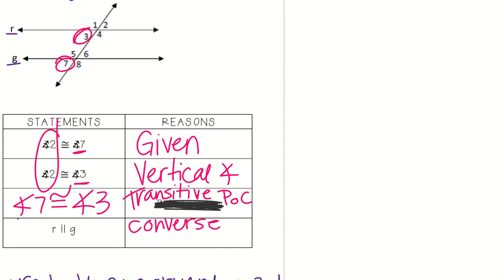So that means it's the converse of the corresponding angle postulate, because the corresponding angle postulate said if two lines are parallel and intersected by a transversal, then corresponding angles are congruent. Well, if I switch the if and then on that one, if corresponding angles are congruent on two lines intersected by a transversal, then the lines are parallel. Okay, so hopefully that makes sense.